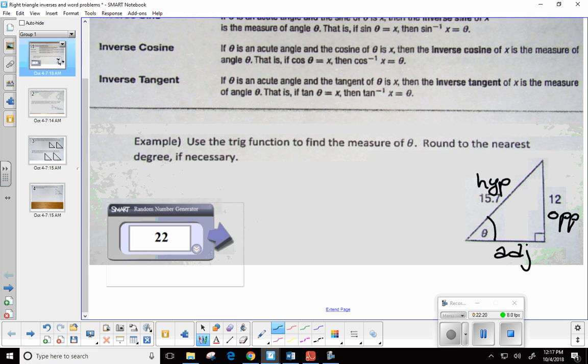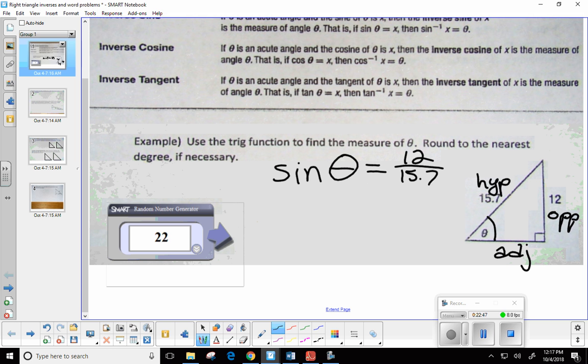Whenever we do this, what trig function would you want to use, just looking at the information that we have? How would you set it up as a ratio? Yeah. So we have sine of theta equals the opposite over the hypotenuse, so 12 over 15.7. Obviously we can't solve for theta since it is inside the sine.